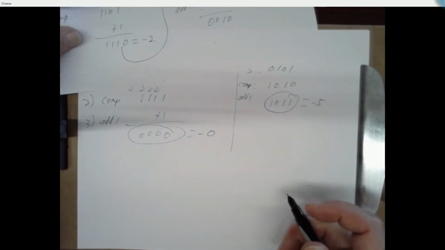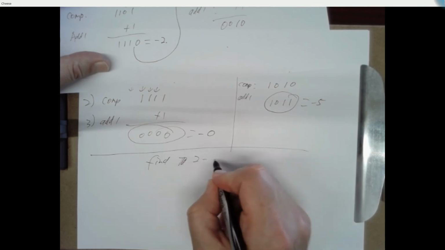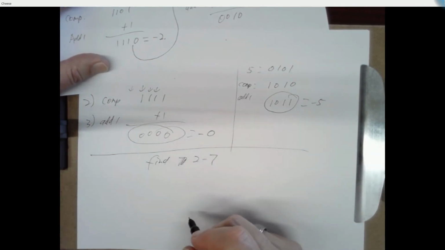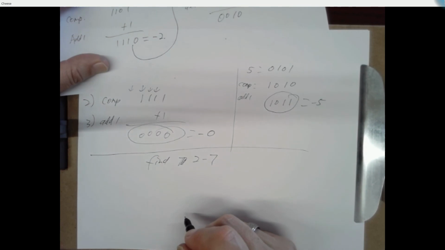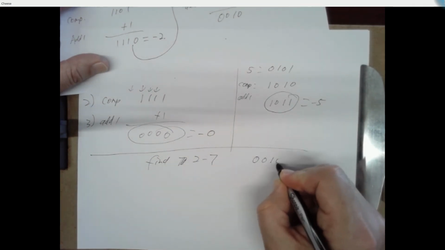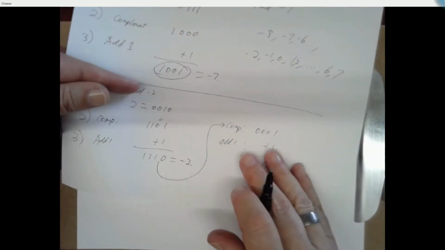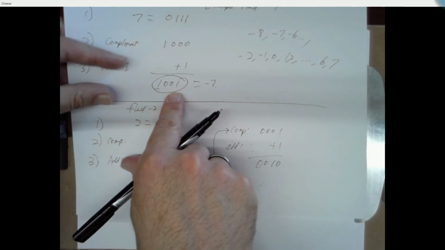Okay, so let's see if this is worth anything. Let's calculate 2 minus 7. Well, the number 2 is 0010. That's +2. The number -7 we computed was 1001.